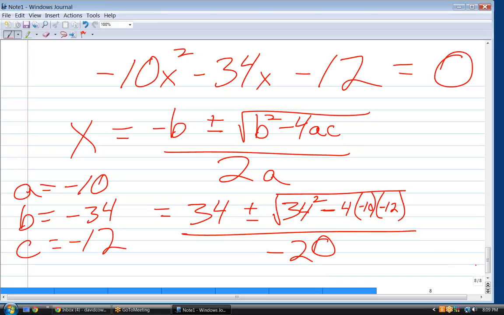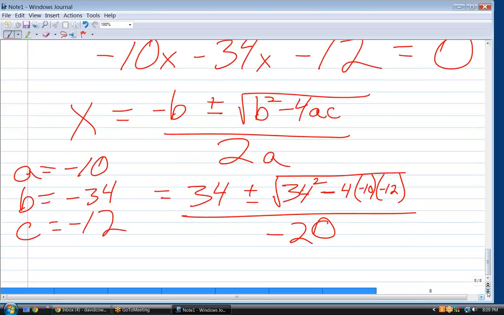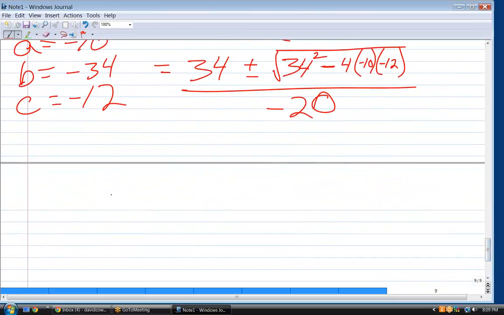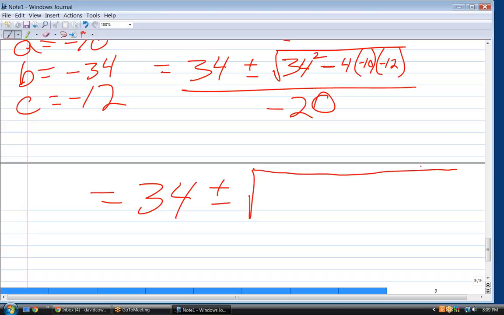Okay? So now let's simplify this. So we get 34 plus or minus, do you have a calculator in front of you? It's 34 squared. 34 times 34 should be near 1,000.